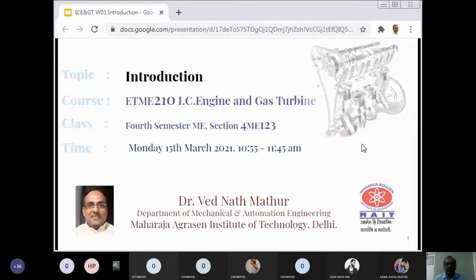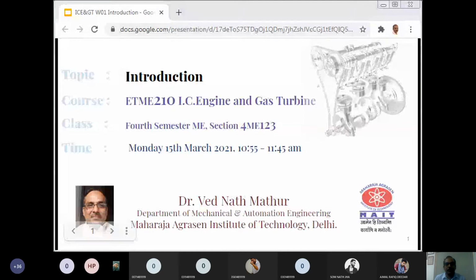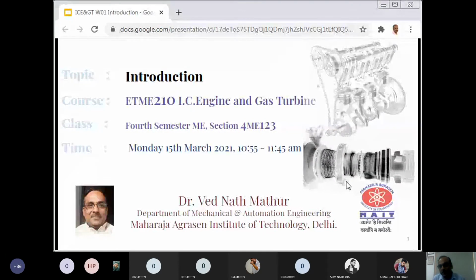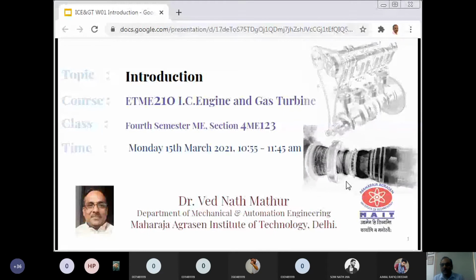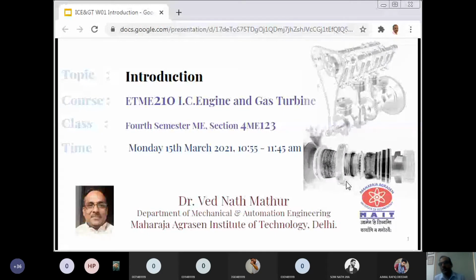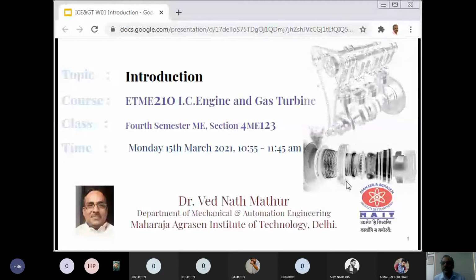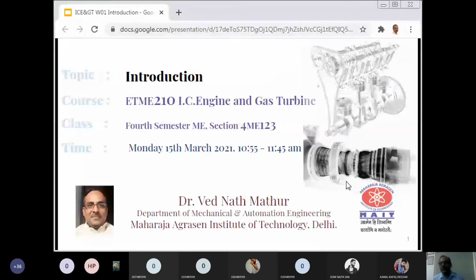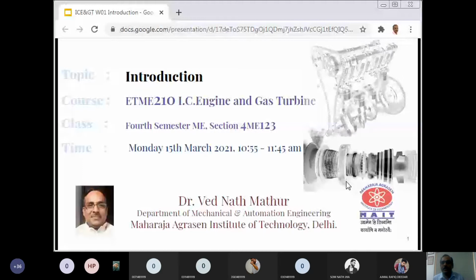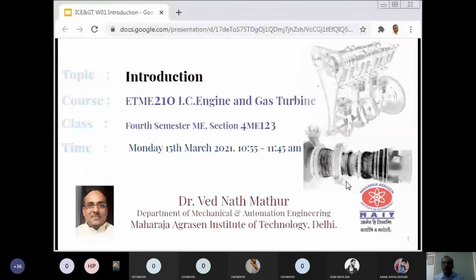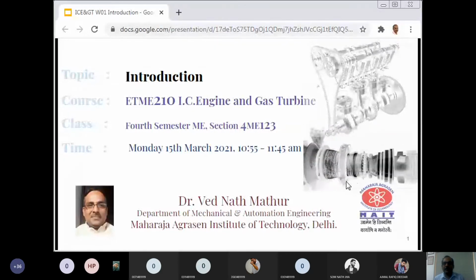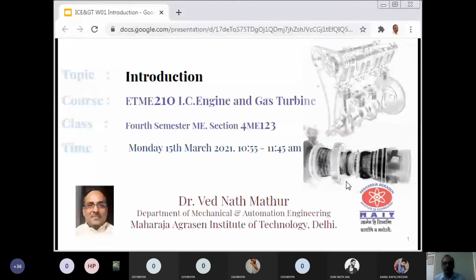The other animation is gas turbine. Yes, now it's visible. So in this entire course, we will be studying about the construction and the working of these 2 devices, as well as we'll revise some of the thermodynamic concepts which you have studied in third semester thermal science course.